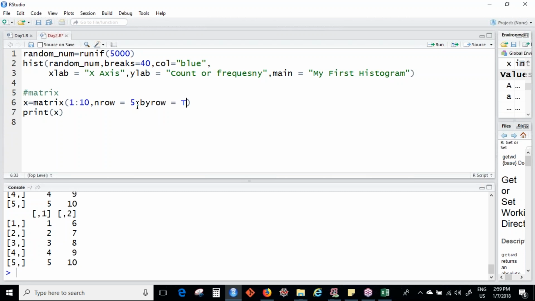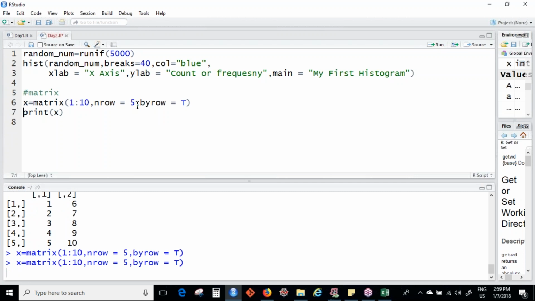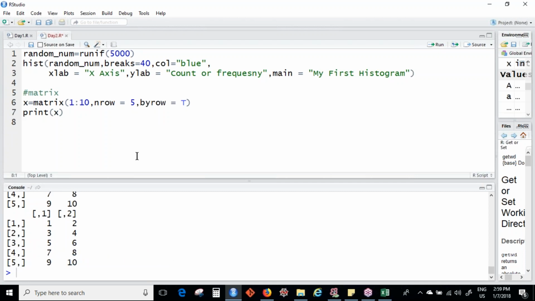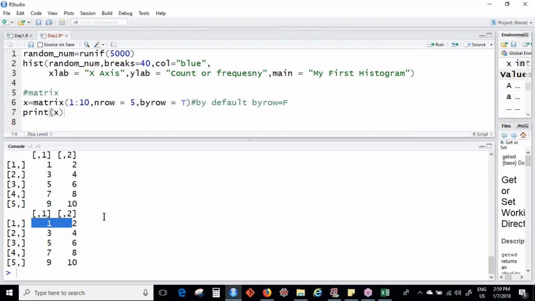So when you give byrow is equal to TRUE, what does this mean? This means you want the rows to be filled first. By default byrow is equal to FALSE, but here I'm intentionally making it TRUE. That means I want the rows to be filled first. So I will get 1 2 in the same row, not like this.